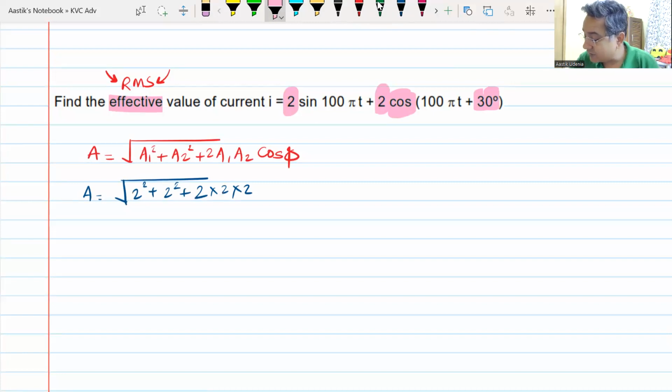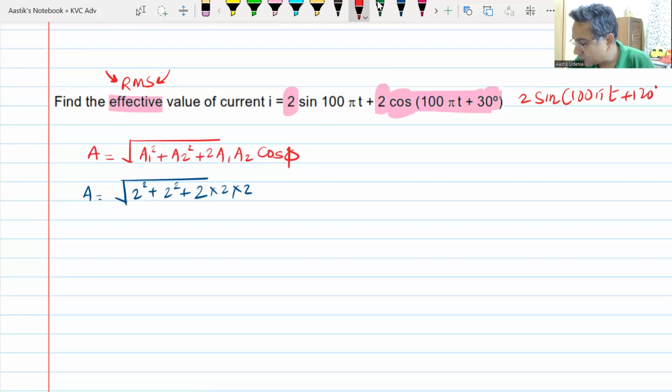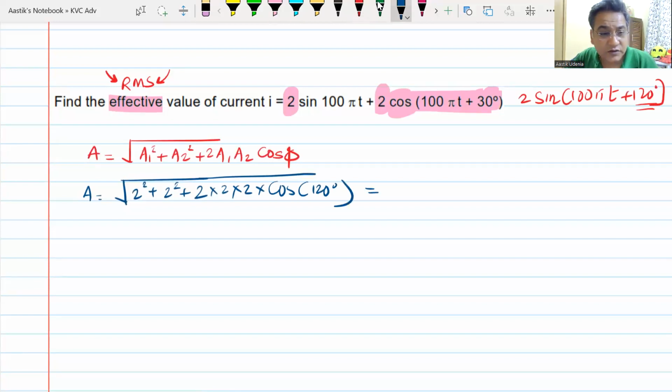So you can write this complete wave as 2 times sine of 100 pi t plus 120 degrees. You add 90 degrees to a cos wave, it becomes a sine wave. So the angle between the two waves is 120. So you multiply this by cos of 120 degrees, which is minus half, and you will get the answer as 2.